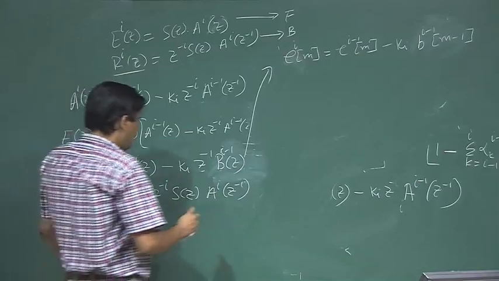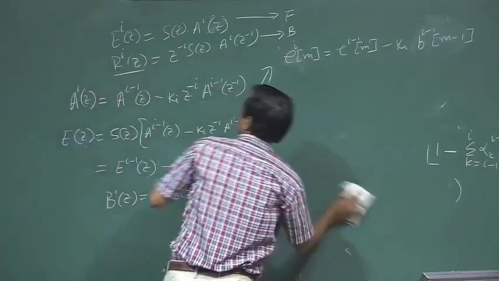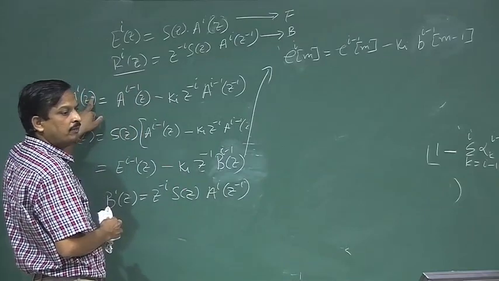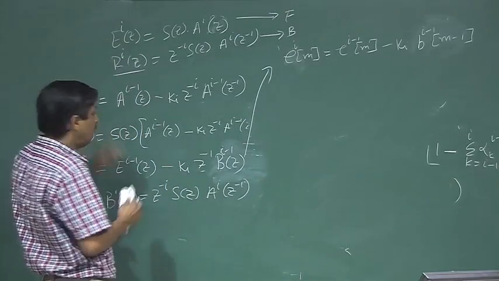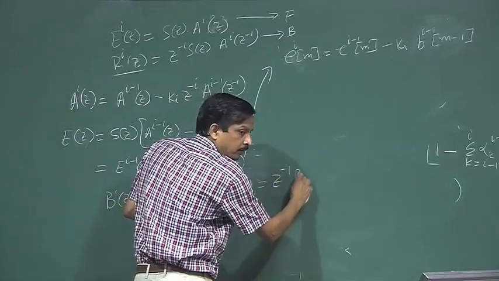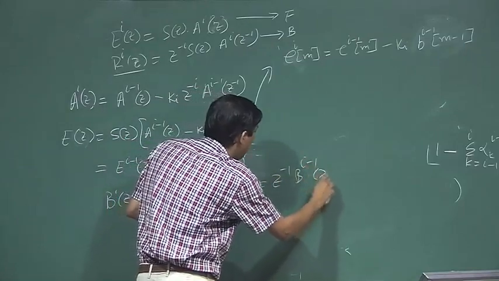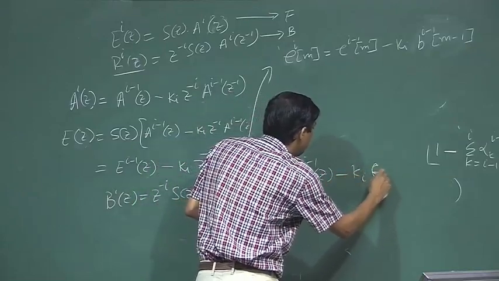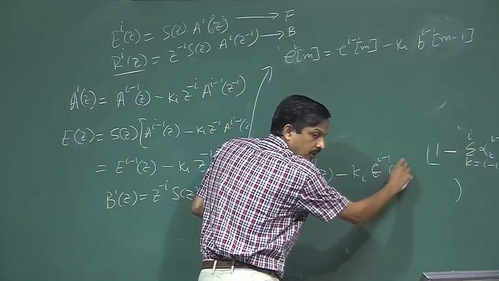Okay. So now I can put the same A i z value here instead of z to the power minus 1. If I put that, then I get z to the power minus 1 B i minus 1 z minus k i E i minus 1 z.